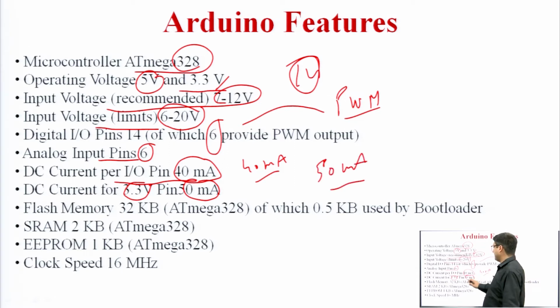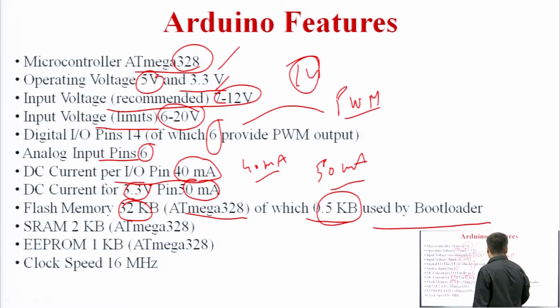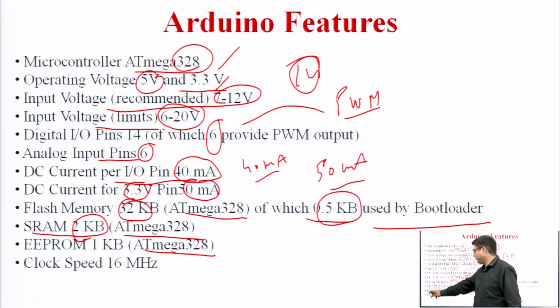It has flash memory, and 32 kilobytes of flash memory is available for Atmega 328, of which 0.5 KB is used by the bootloader. The bootloader section is for booting the device. SRAM available is 2 kilobytes for Atmega 328, and EEPROM, electrically erasable programmable ROM, available is 1 kilobyte.